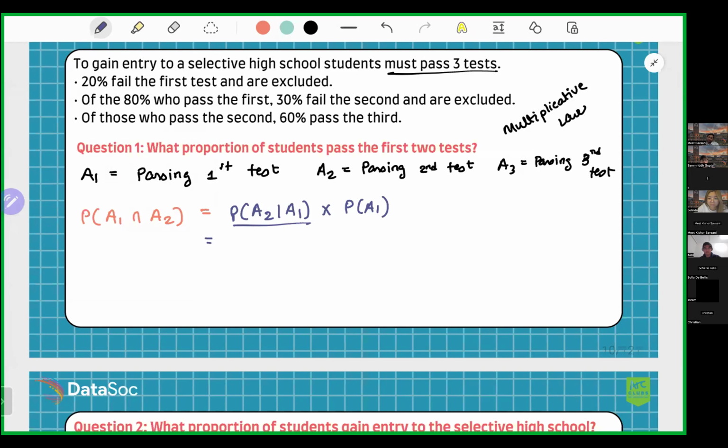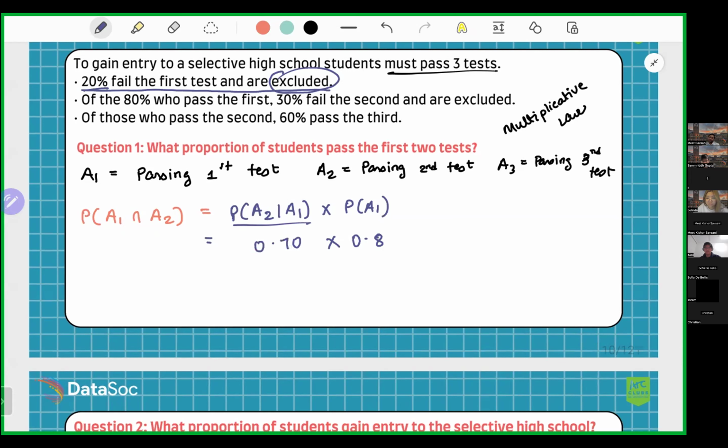We know the probability of A1, passing the first test, is 0.80 because 20% failed the first test and are excluded. So you have 80%, you have 20%.